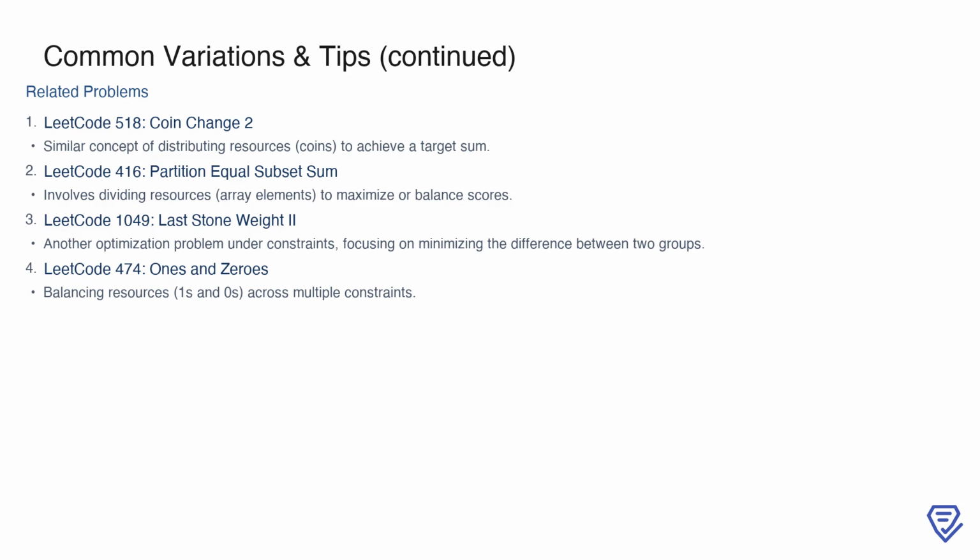LeetCode 1049, Last Stone Weight 2, also focuses on optimization under constraints, specifically minimizing the difference between two groups. Lastly, LeetCode 474, Ones and Zeros, deals with balancing resources, in this case, ones and zeros, across multiple constraints. Familiarizing yourself with these problems can deepen your understanding of resource allocation and constraint optimization, which are core themes in the Maximum Points in an Archery Competition problem.